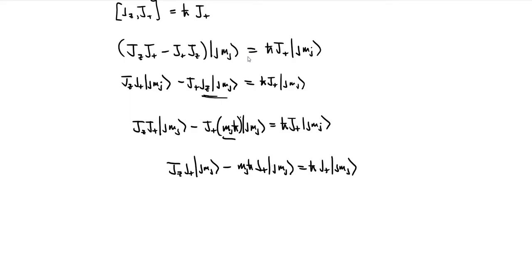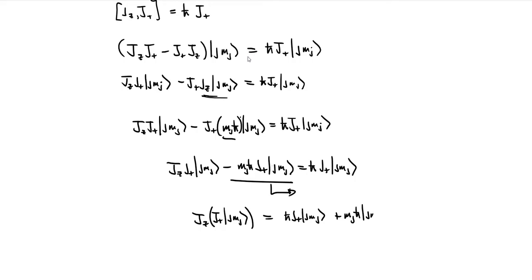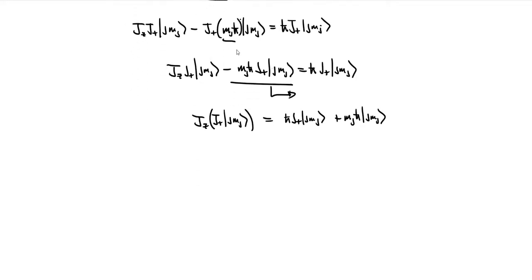If we bring this term over to the other side, we get J_z operating on J_+ |j m_j⟩ is equal to ħ J_+ |j m_j⟩ plus m_j ħ |j m_j⟩, right?